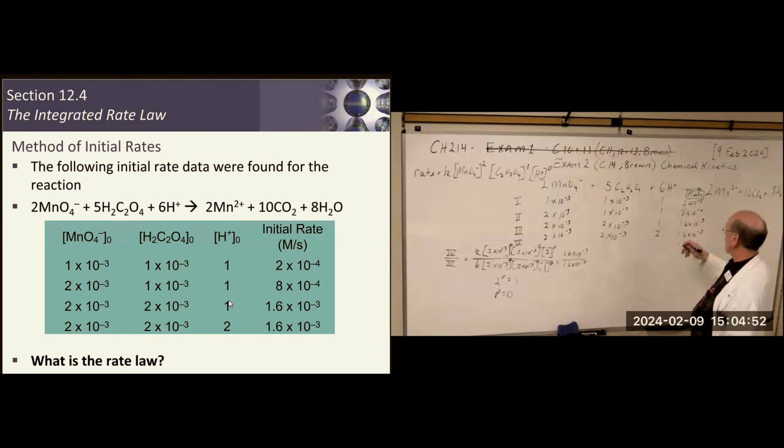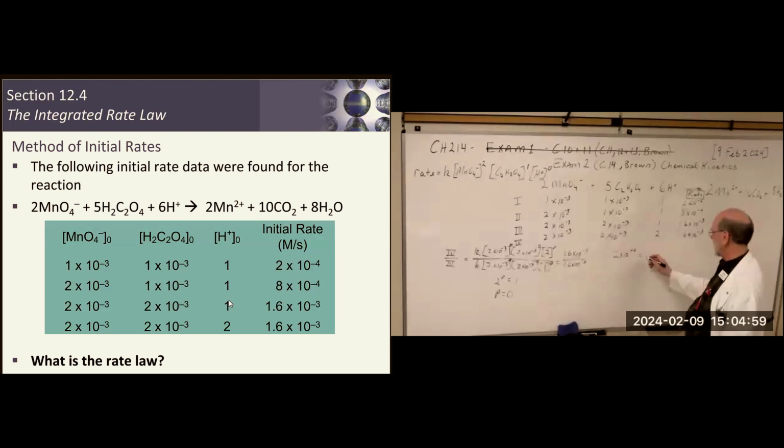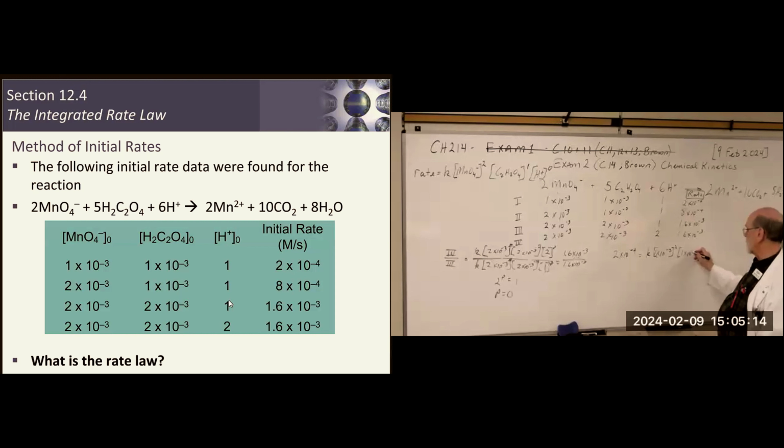So the rate is 2 times 10 to the minus 4 is equal to K times this value, 1 times 10 to the minus 3 to the second power, and then 1 times 10 to the minus 3 to the first power, and then this is to the 0 power. So it's going to be 1 anyway. Doesn't matter what it is, but it's 1.